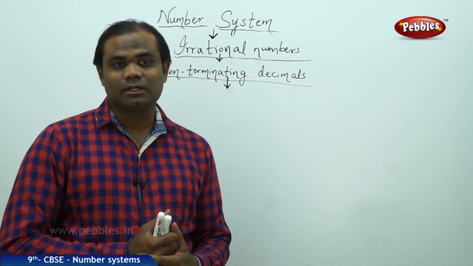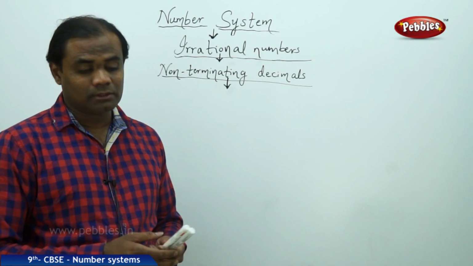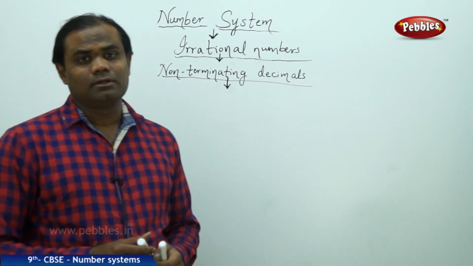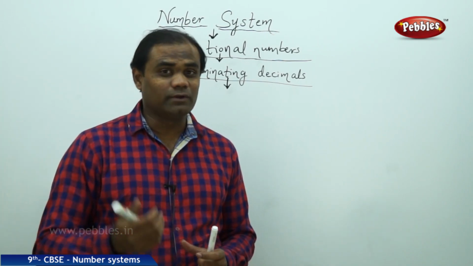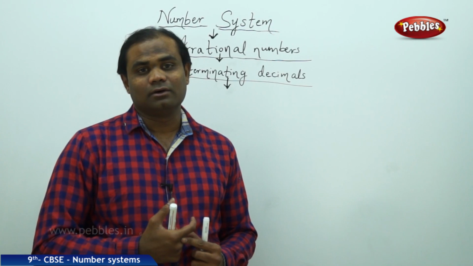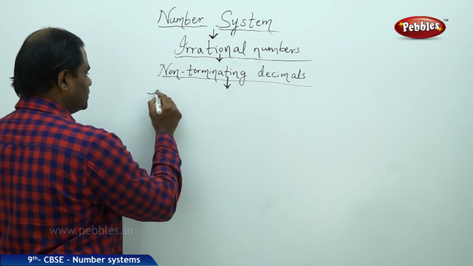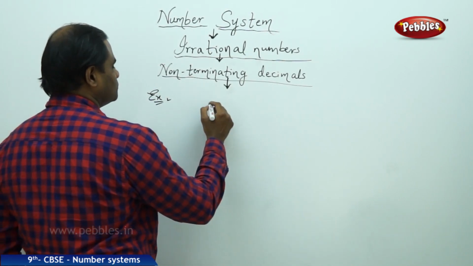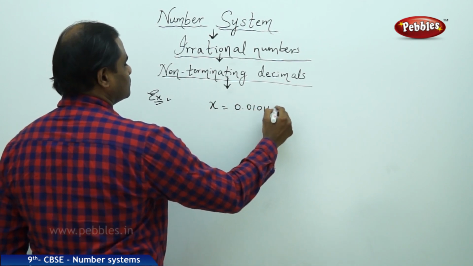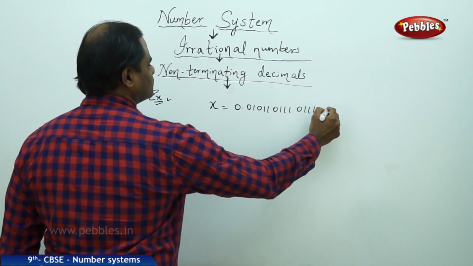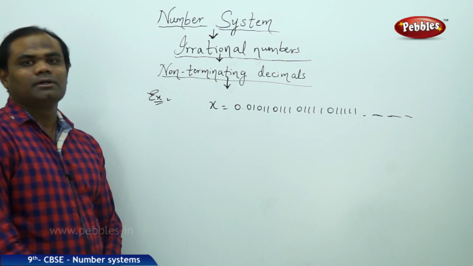Non-terminating decimals. Let's justify whether this is a rational or an irrational number. What is a non-terminating decimal? A decimal which never stops, but goes on repeating and repeating, is how we understand a non-terminating or non-stopping decimal. For example, if I take a decimal in this form, this seems to be never ending.